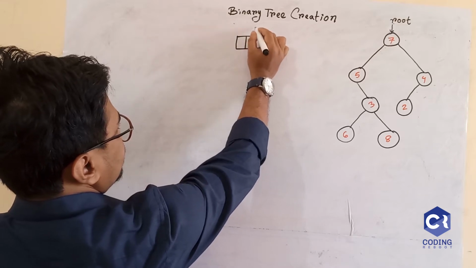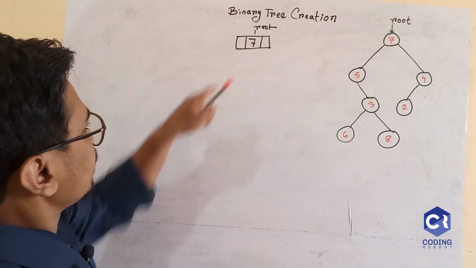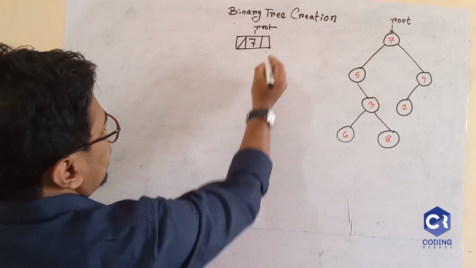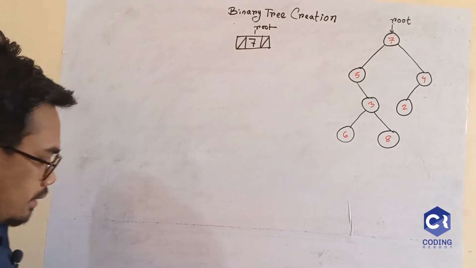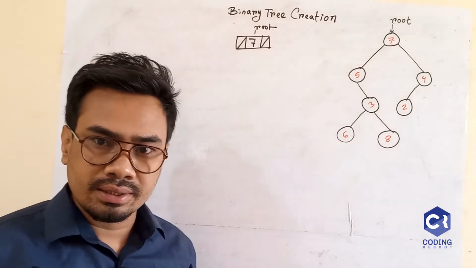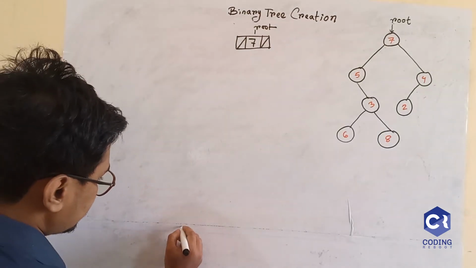This is the root node. Here the left child and right child are null initially. So we are going to implement this using another data structure, that is Q.